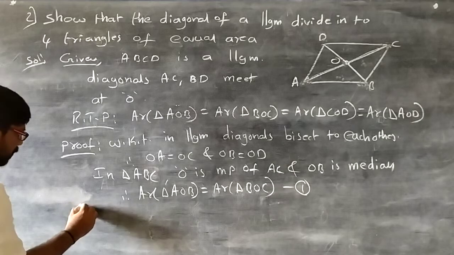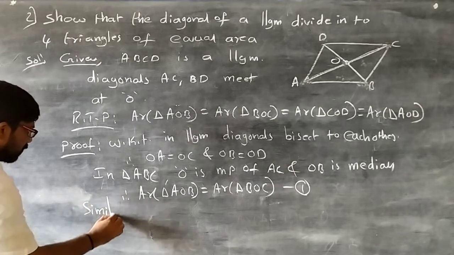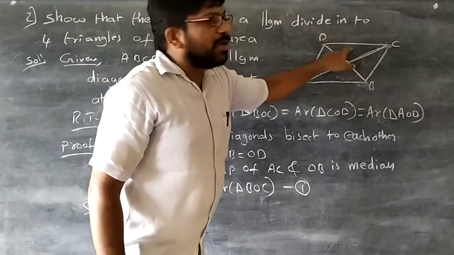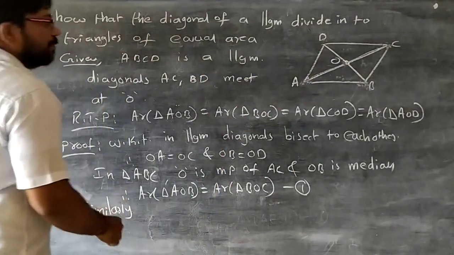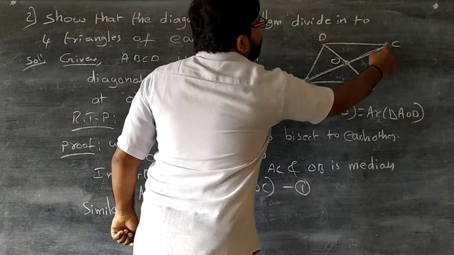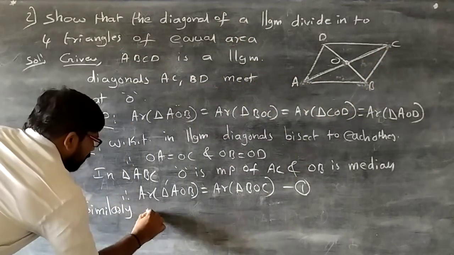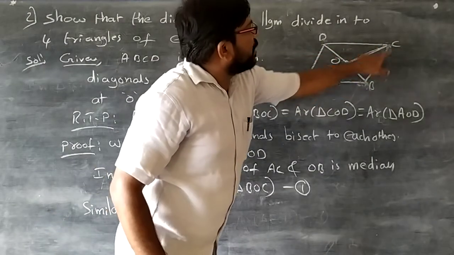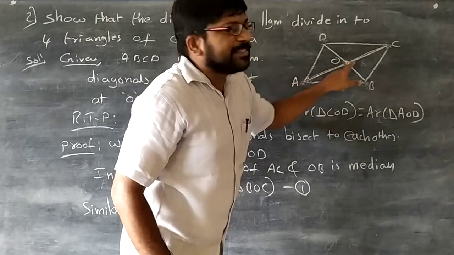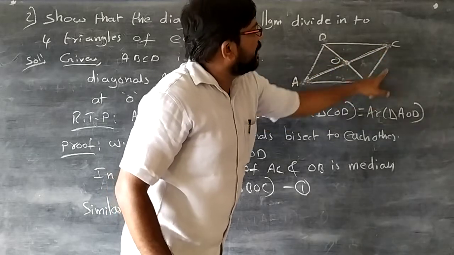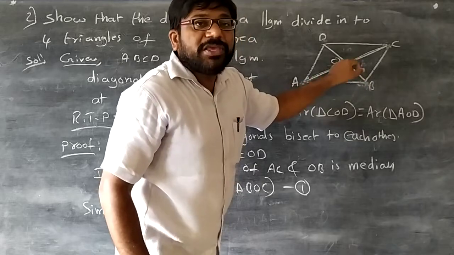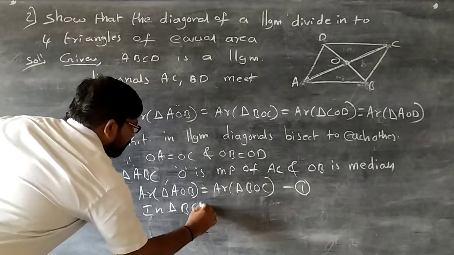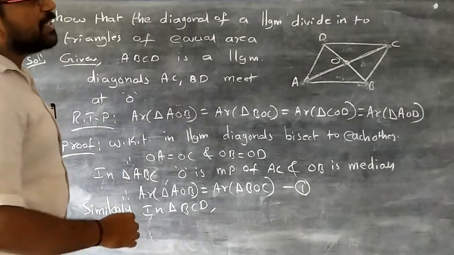Similarly, so these two equal, then these two also equal. Similarly, area of triangle BOC is equal to, means in triangle BCD, in the total triangle BCD, OC is median. It divides BCD into two parts which are of equal area. In triangle BCD, which is median?